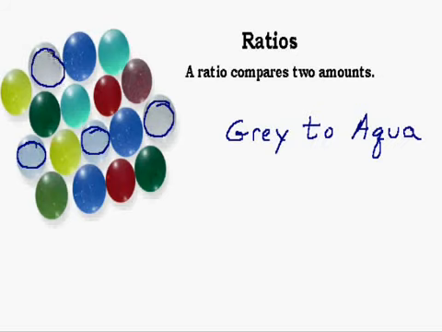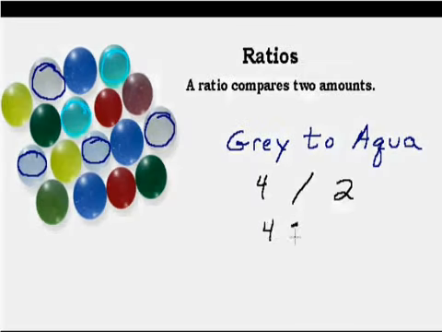These 4. And then the aqua ones are these guys right here. There's one more. There it is. Alright, so it looks like we've got 4 gray marbles, and 2 aqua marbles. So we get 4 to 2.